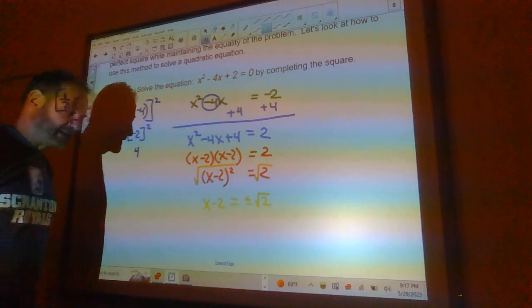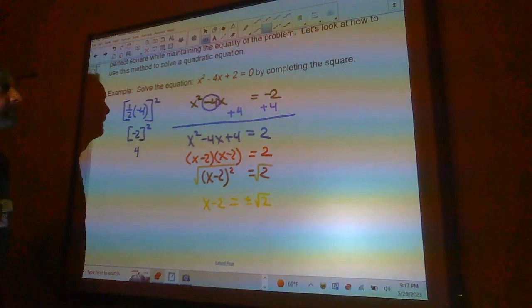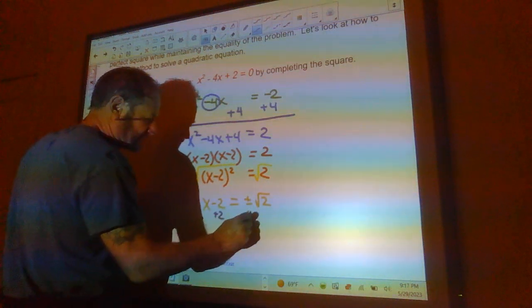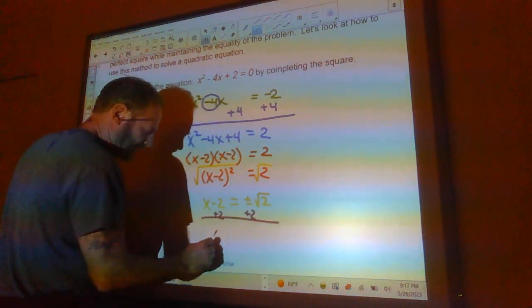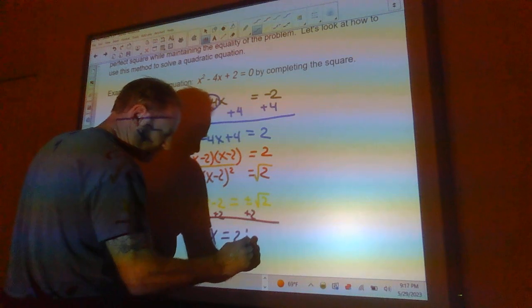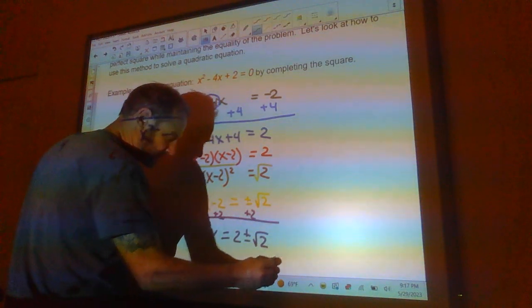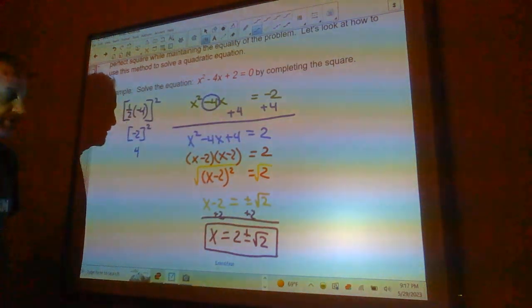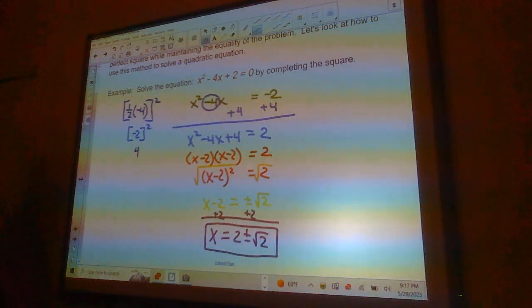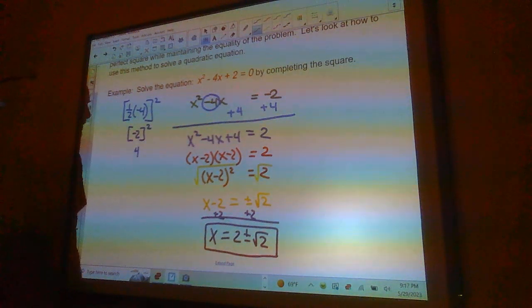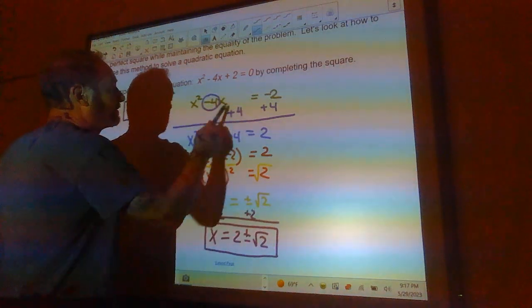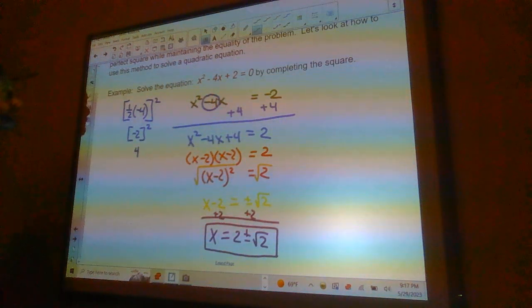Now, don't try to turn that into a decimal. Just leave it like that. Then I'm going to add 2 to both sides, and I'm going to get x equals 2 plus or minus the square root of 2. And that is my two solutions to this problem, 2 plus the square root of 2 and 2 minus the square root of 2. So I've solved that by completing the square. If I were to take these two numbers and plug them in here, I would get 0.